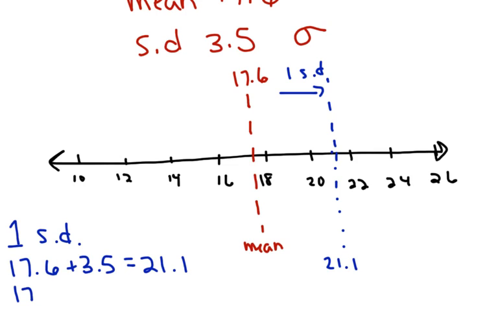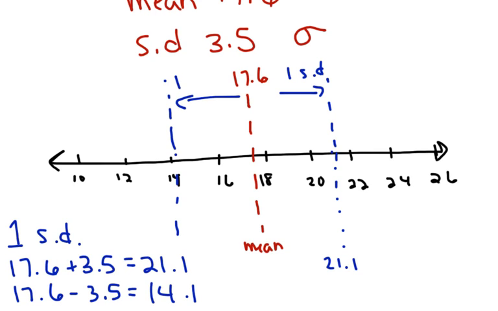I can also find one standard deviation away going the other direction by subtracting the standard deviation from the mean, and 17.6 minus 3.5 is 14.1, which is probably around here somewhere. So this is one standard deviation away the other direction.